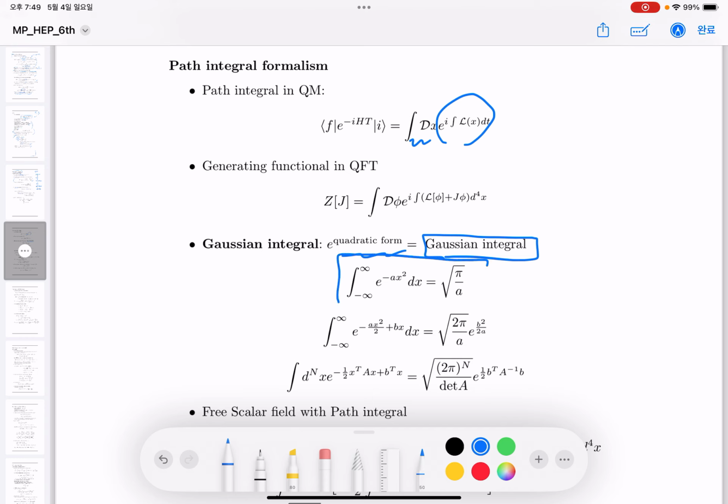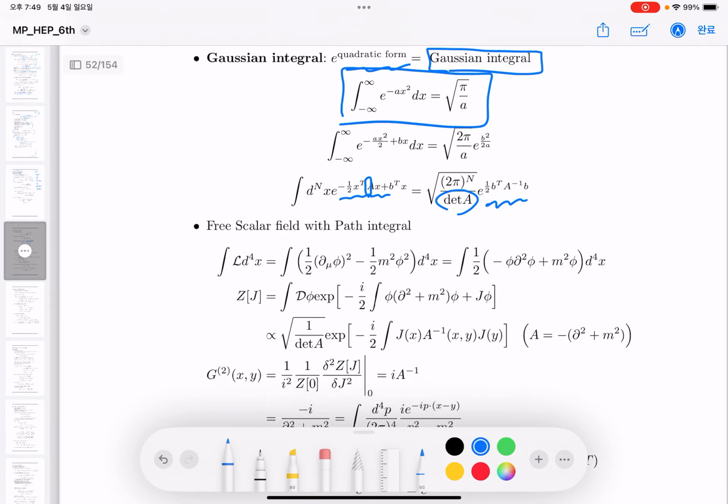This is the Gaussian integral for e to the minus a x squared, which gives root of pi over a. And if there are quadratic terms in matrix form, this gives the determinant of the quadratic term matrix, and the linear terms are new.